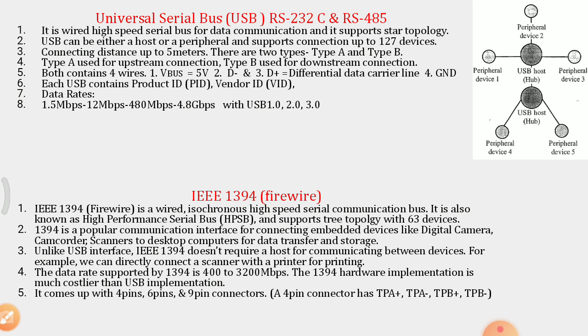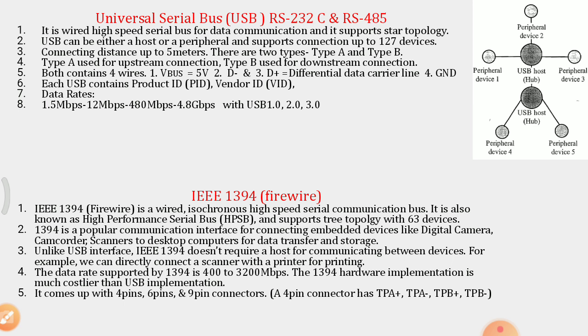Next we will move on to IEEE 1394, which is also called FireWire from Dallas. IEEE 1394 is a wired isochronous high-speed serial communication bus.